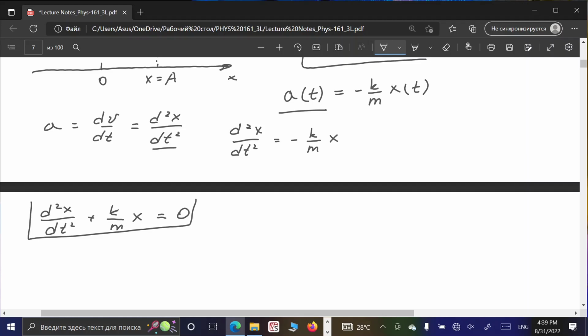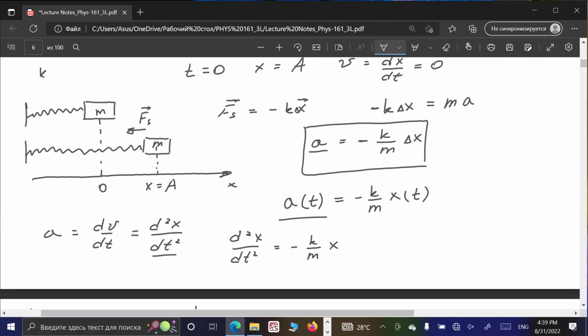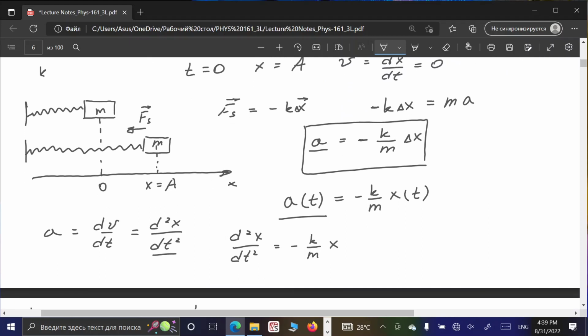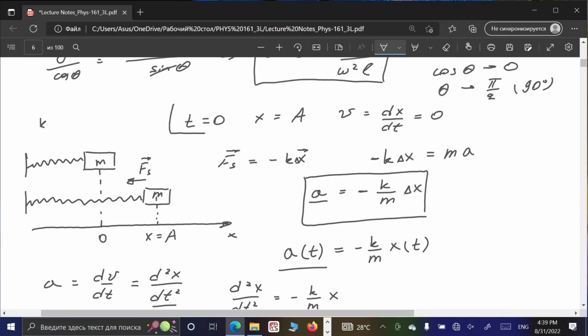When we solve this differential equation, obviously we will need boundary conditions. Every differential equation, when you deal with a real physical system, cannot end with random constants which are not defined. We need to define constants.